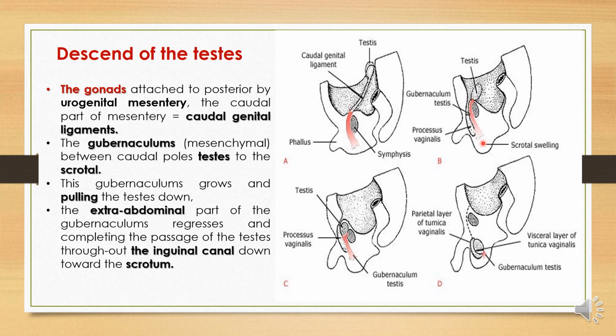The gubernaculum grows outside the abdomen, pulling the testes down. This pulling is assisted by the increased intra-abdominal pressure caused by the growth of the abdominal viscera.